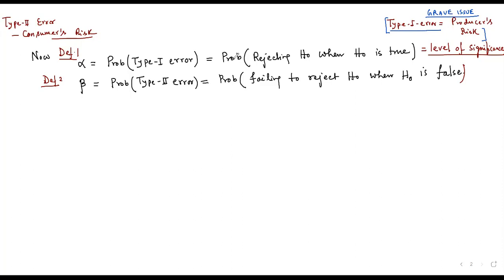Now, level of significance. We have used different levels of significance, like 5% level of significance or 1% level of significance.